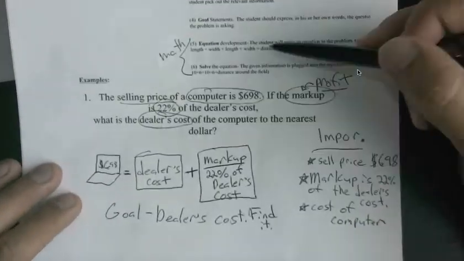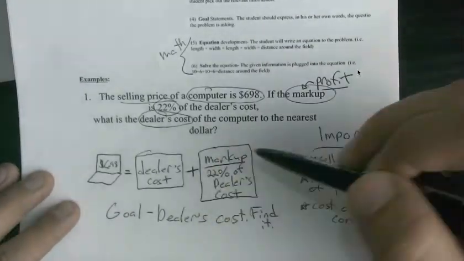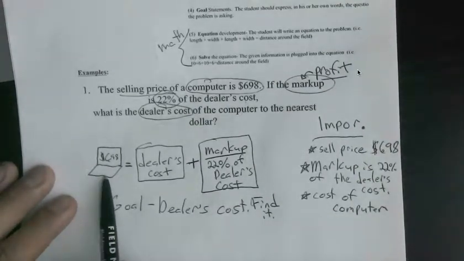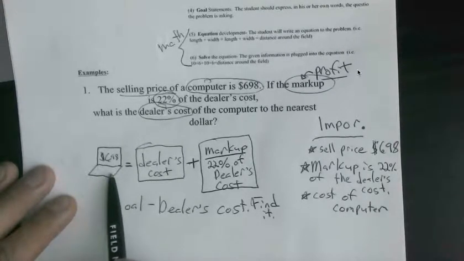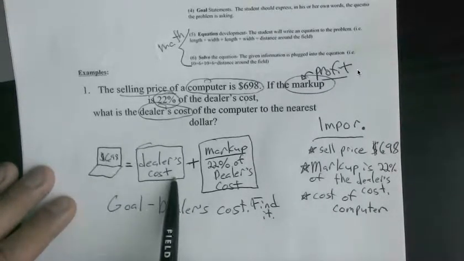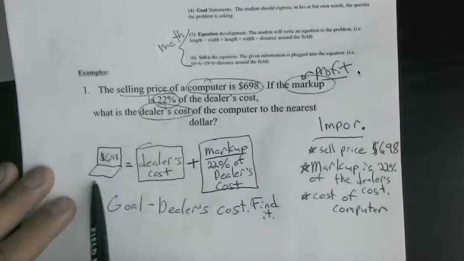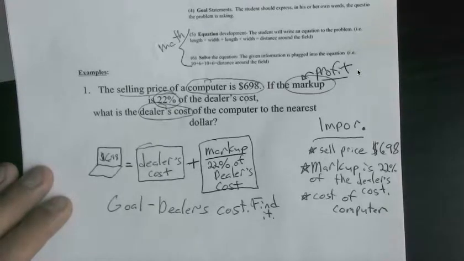Okay, so if we set up an equation, we kind of have one mocked up here from the picture. Hopefully that helps. The total selling price of the computer, $698, is equal to the dealer's cost, and adding on the markup that eventually equals the sale price. You can think of this if you worked in a retail environment.